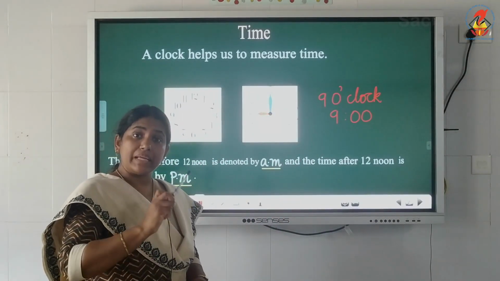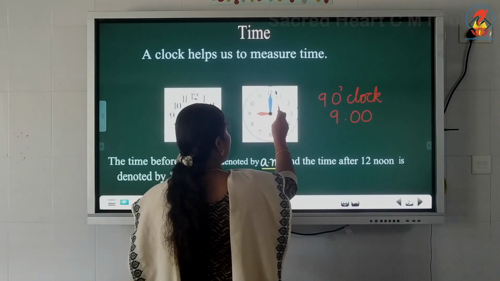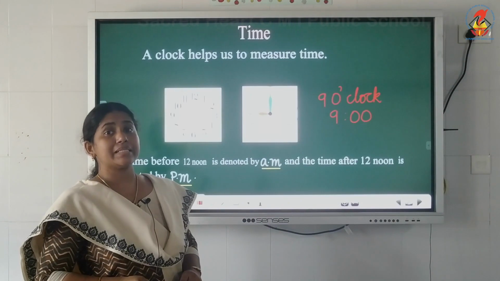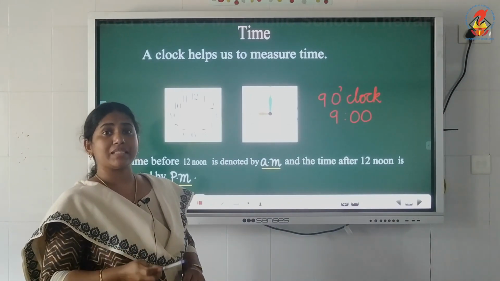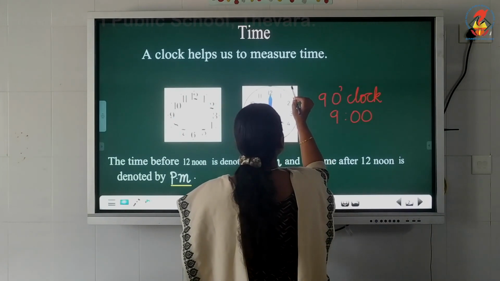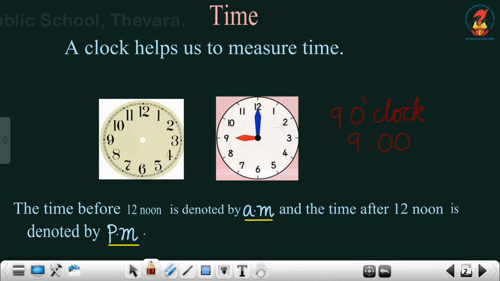Now when the minute hand moves from 12 and reaches 1, what is the minute then? How many minutes will it change? When the minute hand is on 1, the minute is 5 minutes. And when the minute hand is on 2, 10 minutes. It's according to our 5's table.